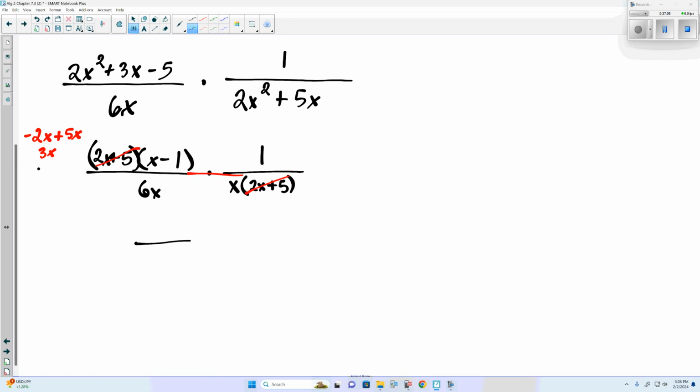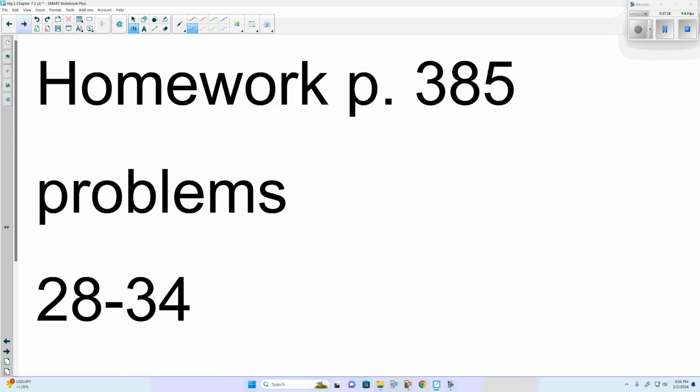The only thing left on top is our x minus 1 being multiplied with 1, which is x minus 1. The denominator, 6x and x, gives us 6x squared. And that's it. Questions on this here?